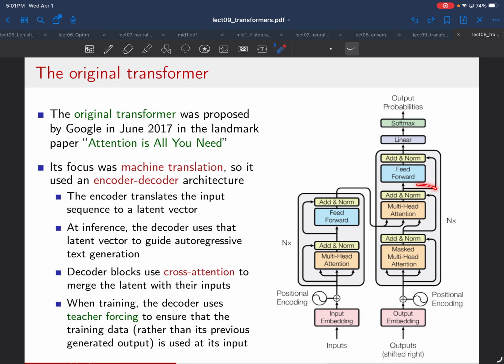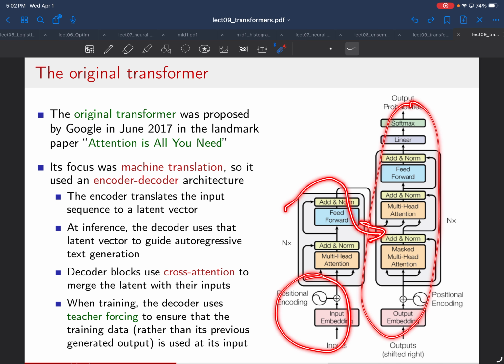So there's one other attention head here, which is doing what's called cross-attention, not self-attention, as we've been discussing. What cross-attention is doing is taking in this information as well as this information and merging them. This is what you need to do if you're doing translation, but it's not what you would need to do for generation. So this is doing generation, but with meaning coming from another source.